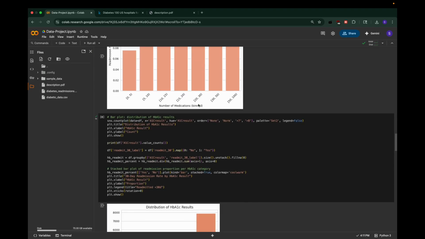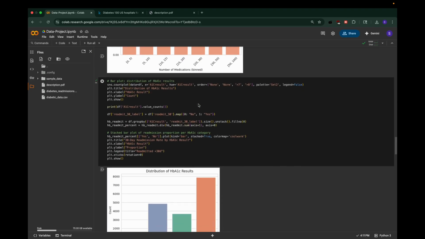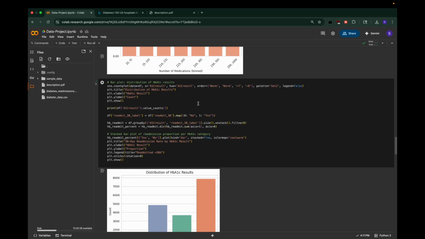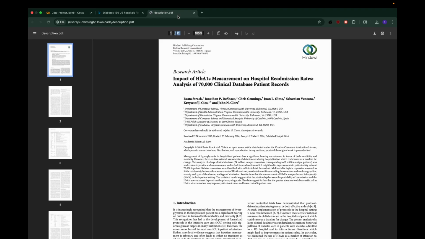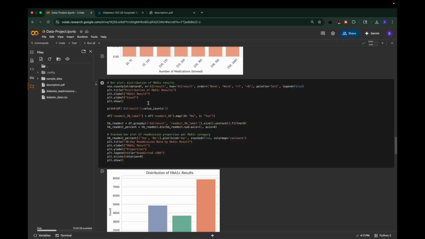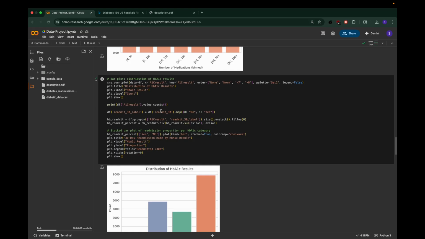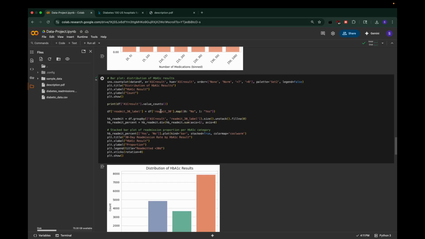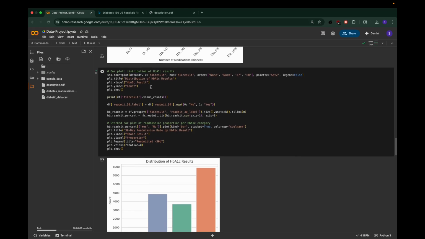Next one is the distribution of HbA1c results, which reflects long-term blood glucose control. I mostly did this because of the study in the zip file over here that was talking about it, so I was interested in checking whether or not this affects readmission.